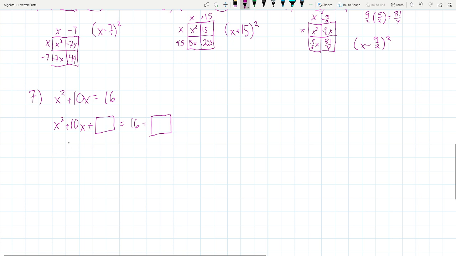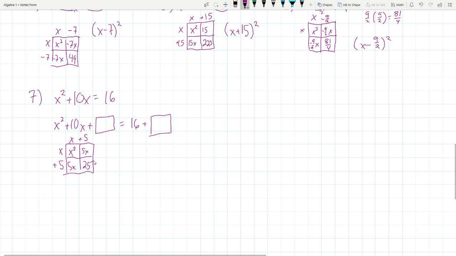And so we can use what we were just doing up above, where we break this out, and we go, okay, I need to make x squared, which is x and x. And I need to make 10x, and I take half of that, and so it's a plus 5. And I plus 5. And so I get 5x and 5x, and that makes 10x. 5 times 5 is 25.